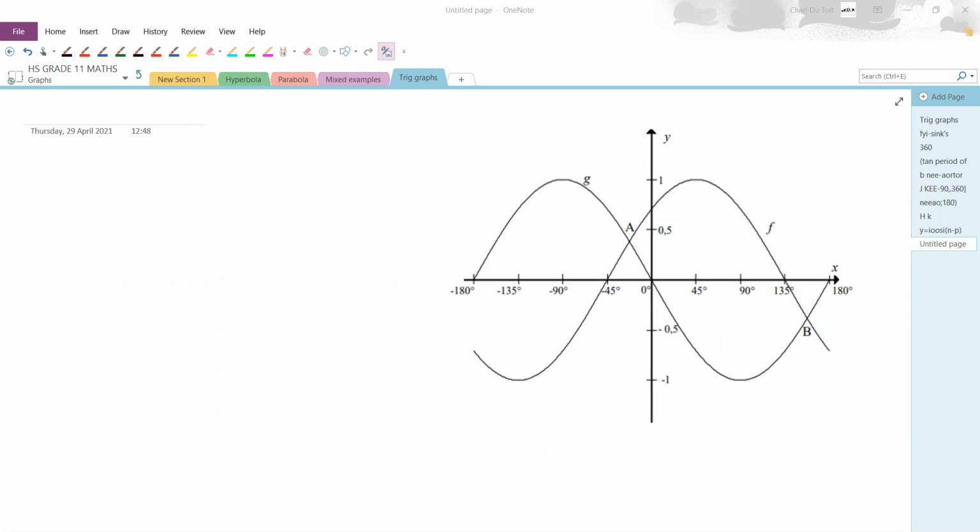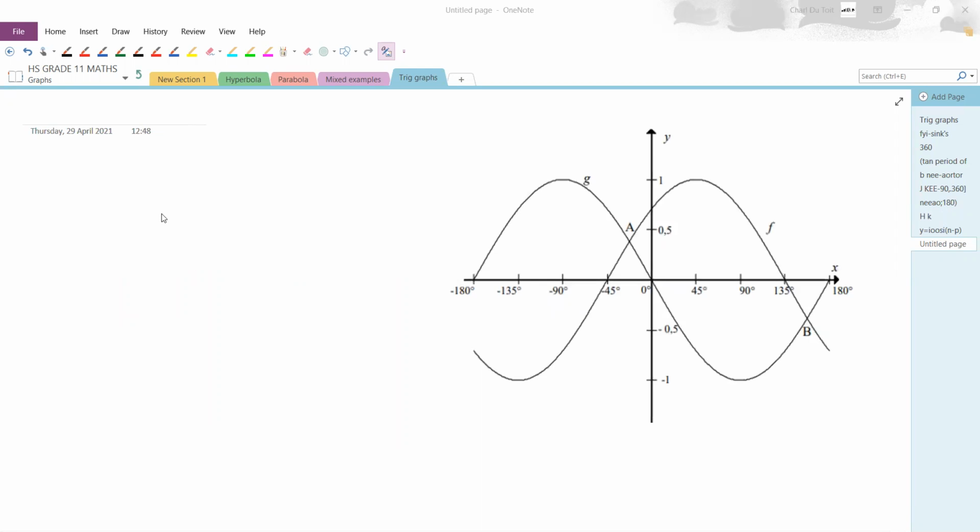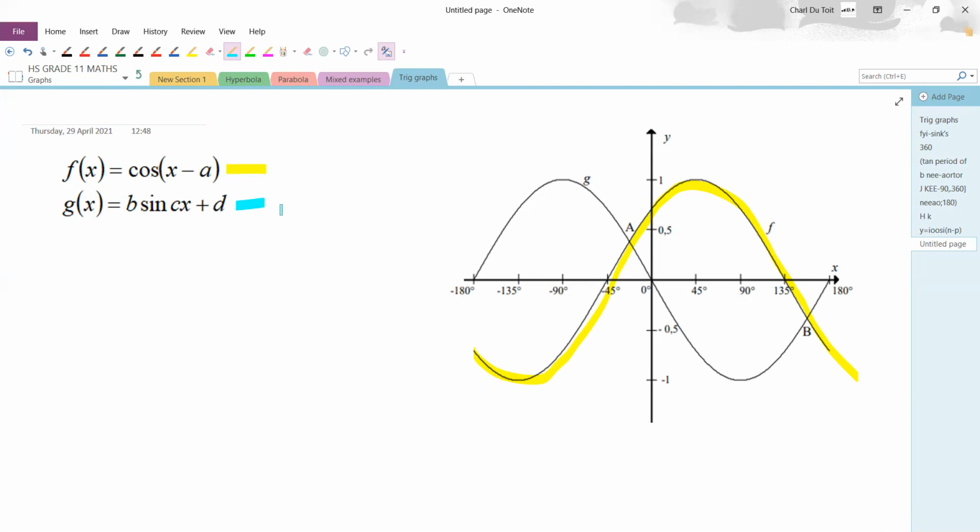I'll give you the equations now. We have cos x minus a. That is like the F graph. That one. And then we have a normal sin graph.